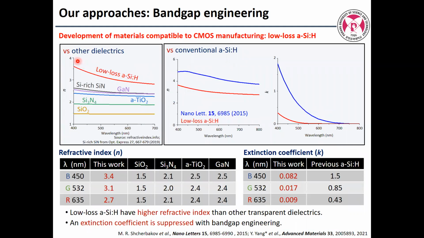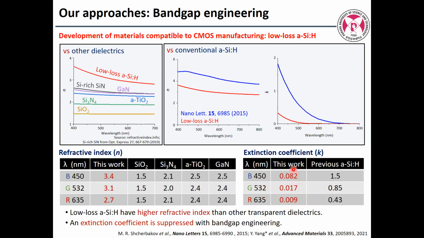This is the refractive index of our silicon, and it's usually higher than TiO2 and gallium nitride. But the K value used to be very high, as you can see here. This is our modified silicon, and you can see the K value is much lower than typical amorphous silicon. Now the K value is very close to zero.